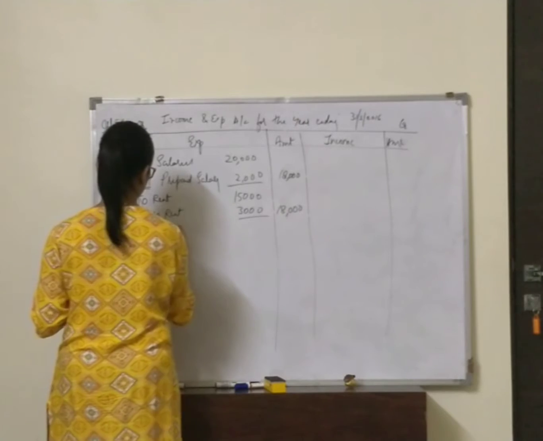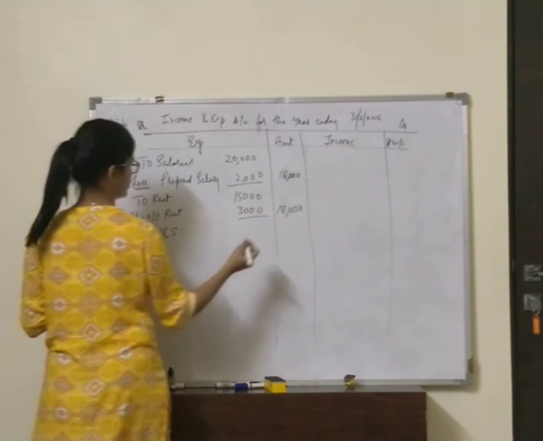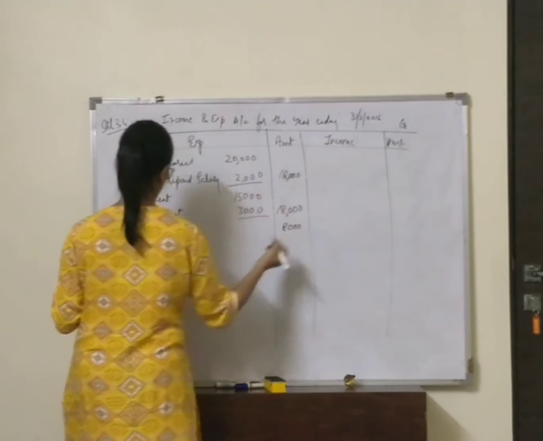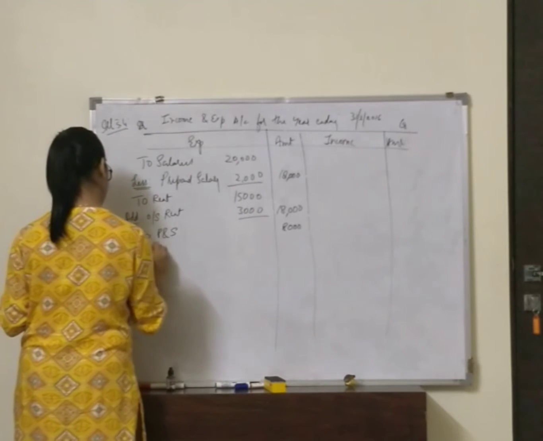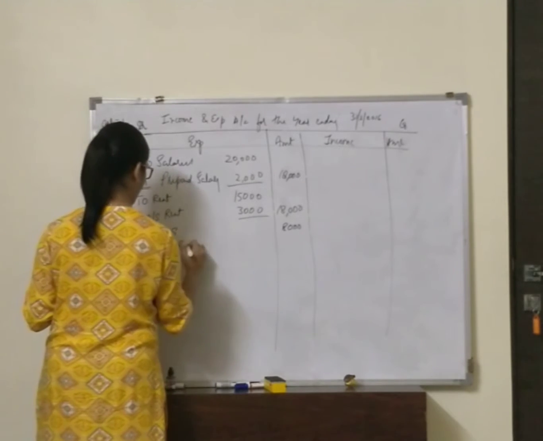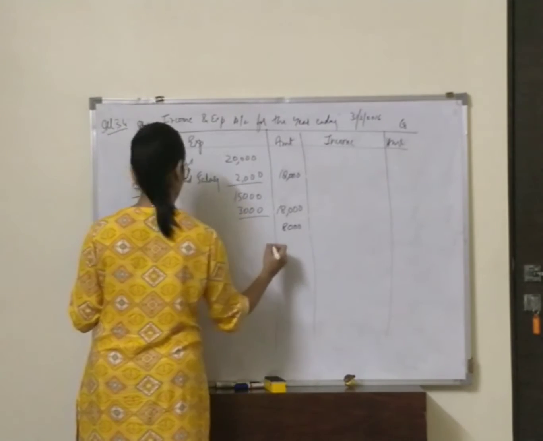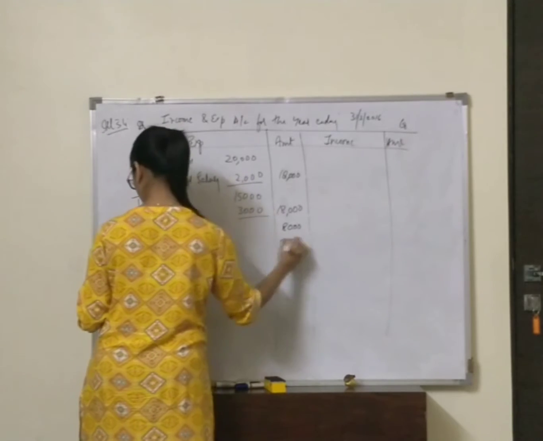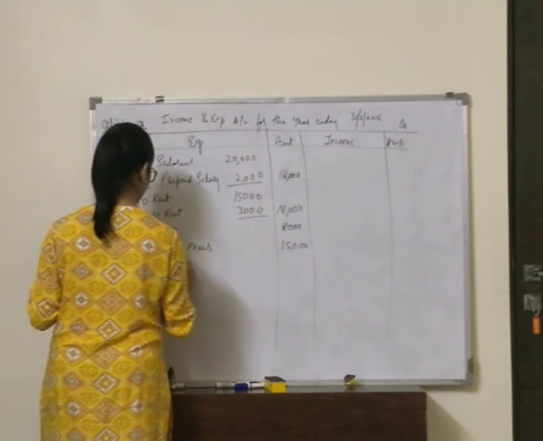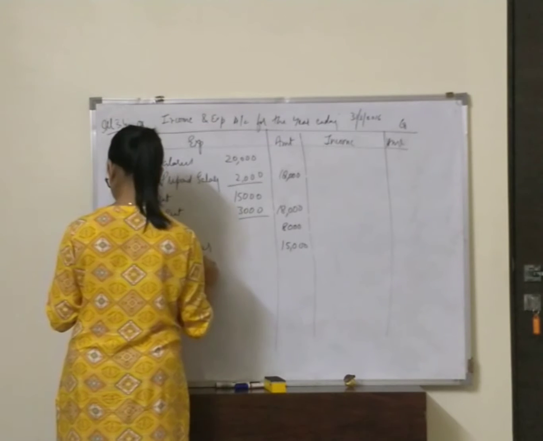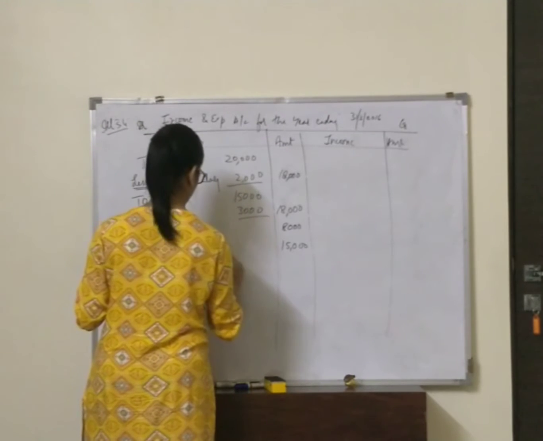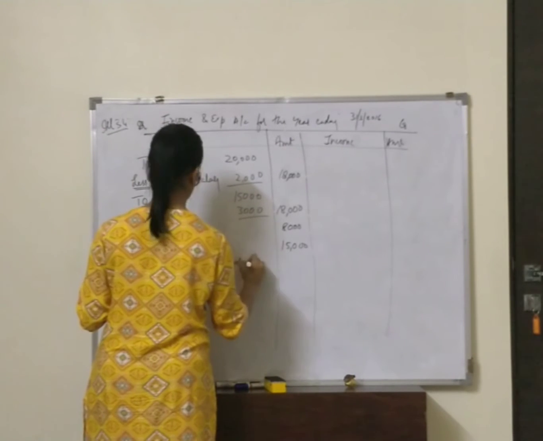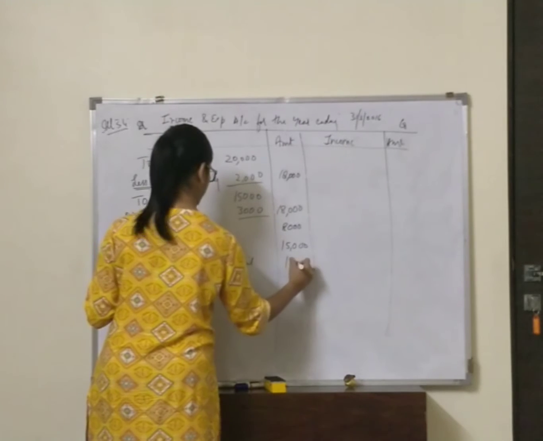Then we have to printing and stationery, 8,000. To water and power, 15,000. To newspapers and periodicals, 18,000.